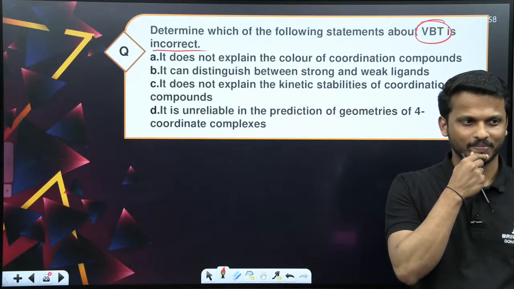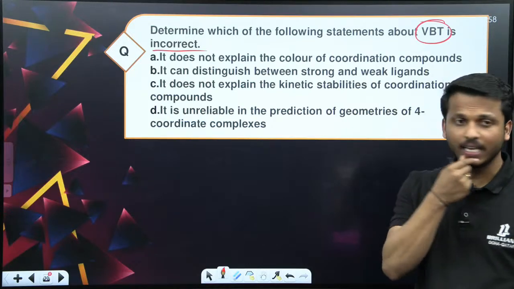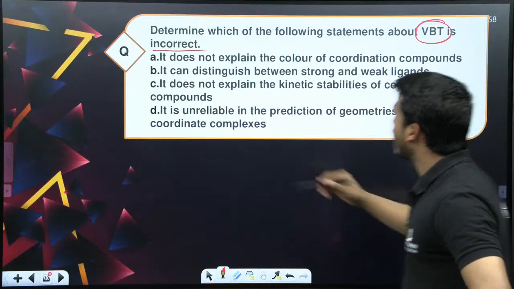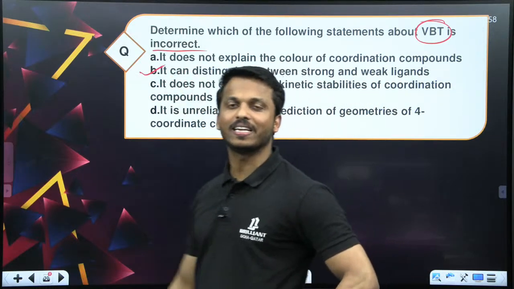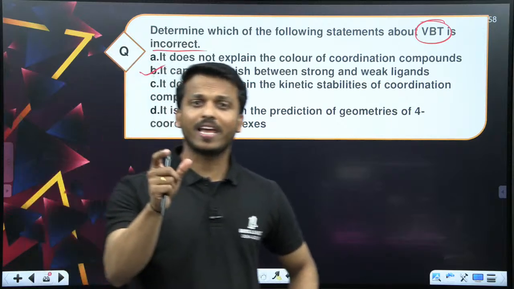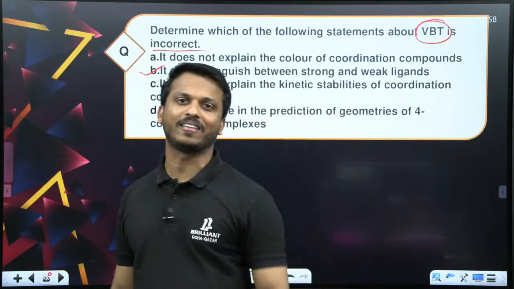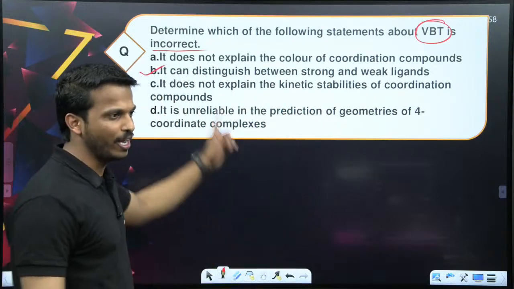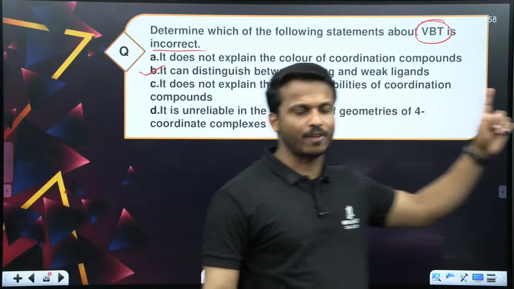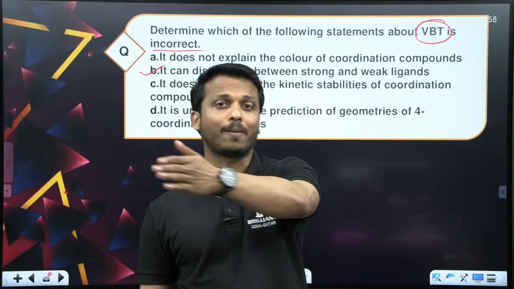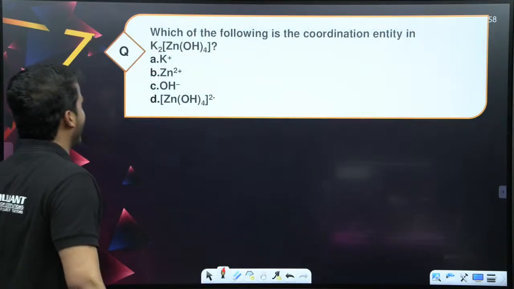Okay, you are saying option B. What is B? It can distinguish between strong and weak ligand. Yes, it is incorrect. The strong ligand and weak ligand idea is given by crystal field theory, not by VBT. Very good, dear all. So study the theory carefully. Postulates and demerits you can expect even for descriptive type questions. So don't forget.